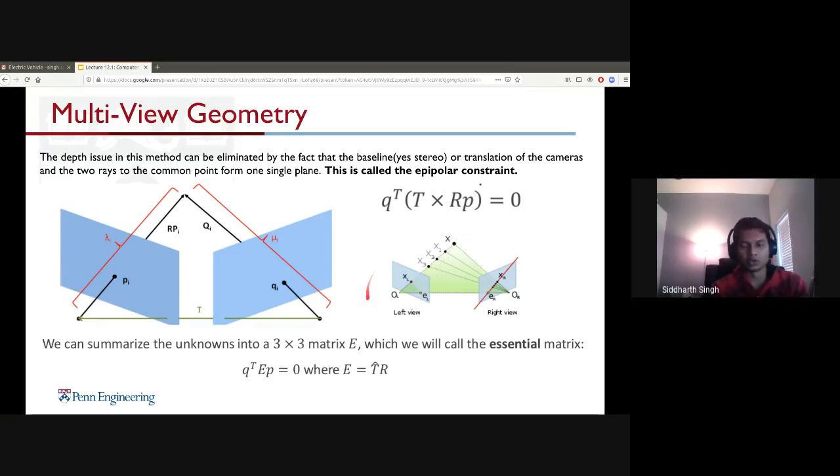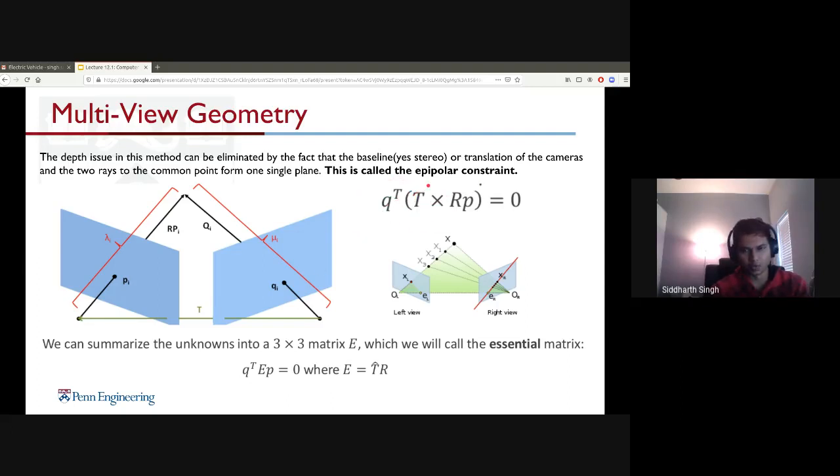Now, the nice part about this is that having the epipolar line, this image point no longer will have this depth ambiguity, right? Because we've gotten rid of the depth using our epipolar constraint.